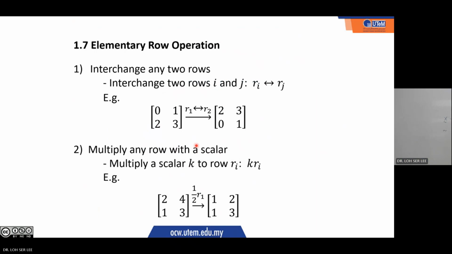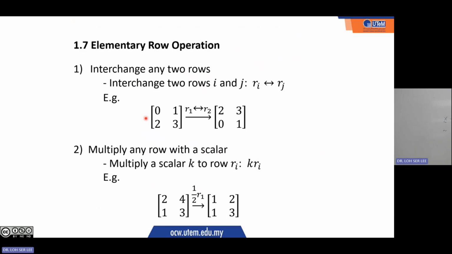Now there are 3 types of operation to row reduce a matrix. The first one is that we can interchange any 2 rows. When we want to interchange any 2 rows, we use this symbol with 2 arrows in both directions. It means we interchange row i with row j.